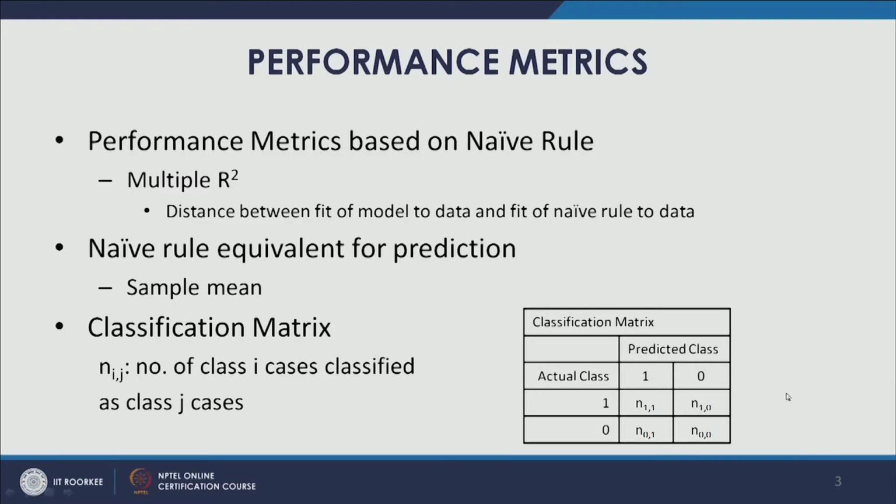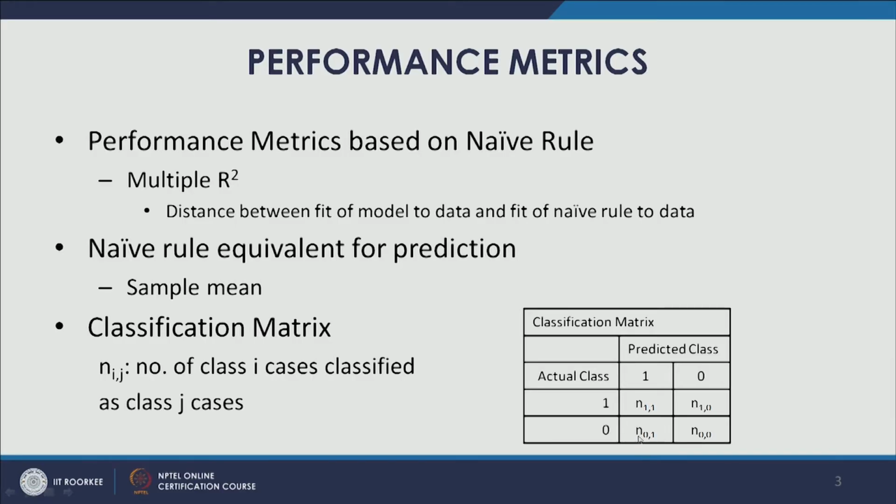The next number is the number of class 1 cases classified as class 0 cases. So, this is the incorrect classification.